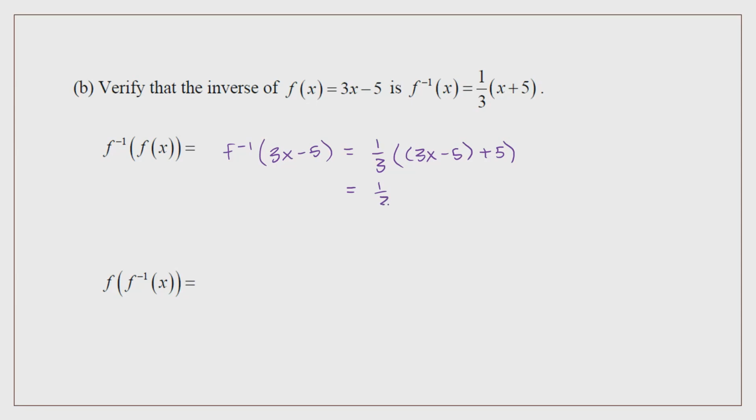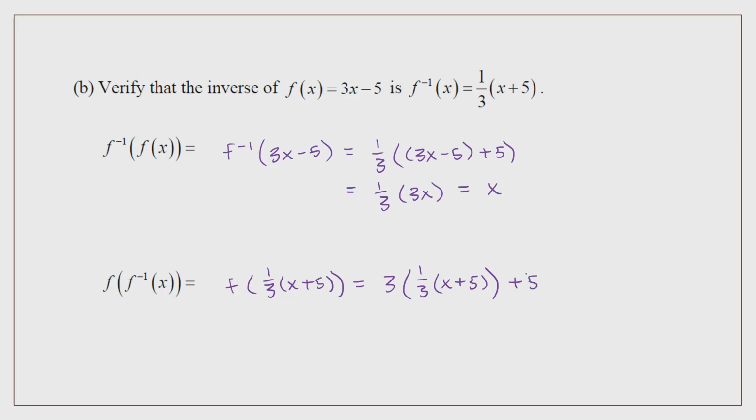So 1/3 times 3x will get us x. Then we'll take f of the inverse function of f of x. So the inverse function is 1/3 times x plus 5. So we'll substitute that expression into f of x. So that's 3 times 1/3 times x plus 5, minus 5.